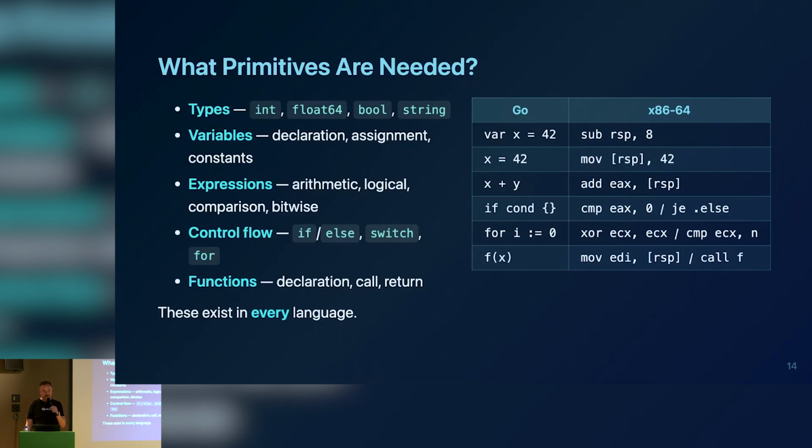So we have to support statements like if, else, switch, and for. So that's basically loops, and basically functions. And that is true also if we look at the assembly language. So only a minimal set of these primitives is needed to express the whole program. And everything that we have above that is a kind of syntax sugar.